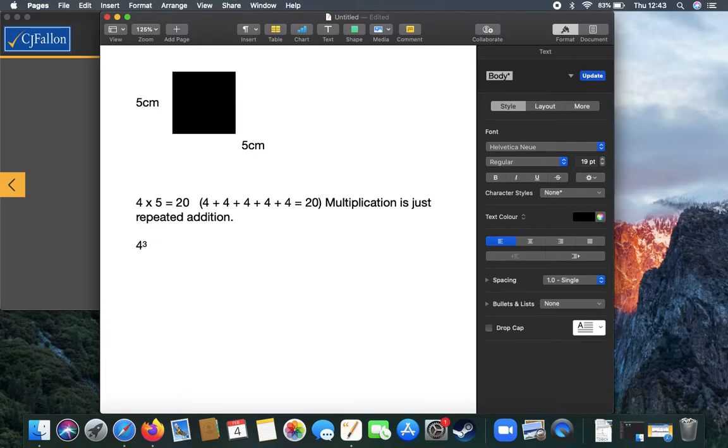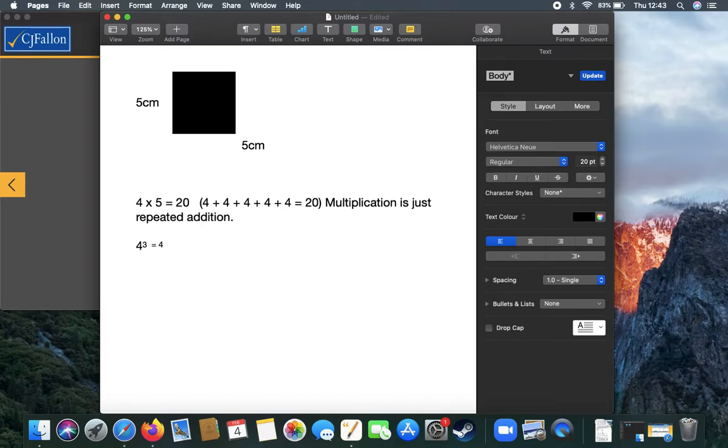That's not what they're asking you to do in this sum. That's multiplication. What they're asking you to do is repeated multiplication. Just like this is repeated addition, this is repeated multiplication.